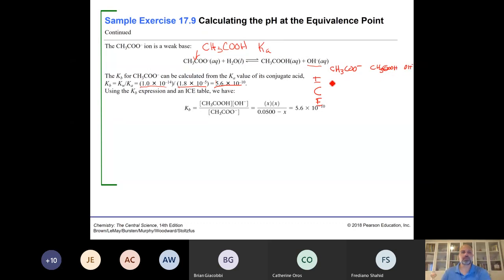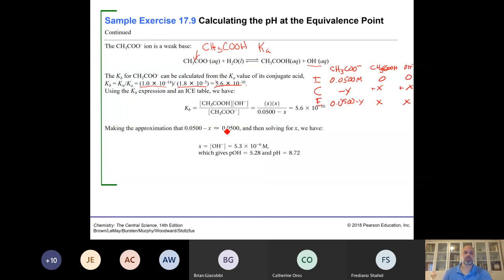Our initial here is going to be our 0.0500 molar solution. We're going to have a change of minus x, 0.0500 minus x here. We have a none here, adding x to both sides, right? So we end up with x in the end, and we just simply plug that into our Kb equation.